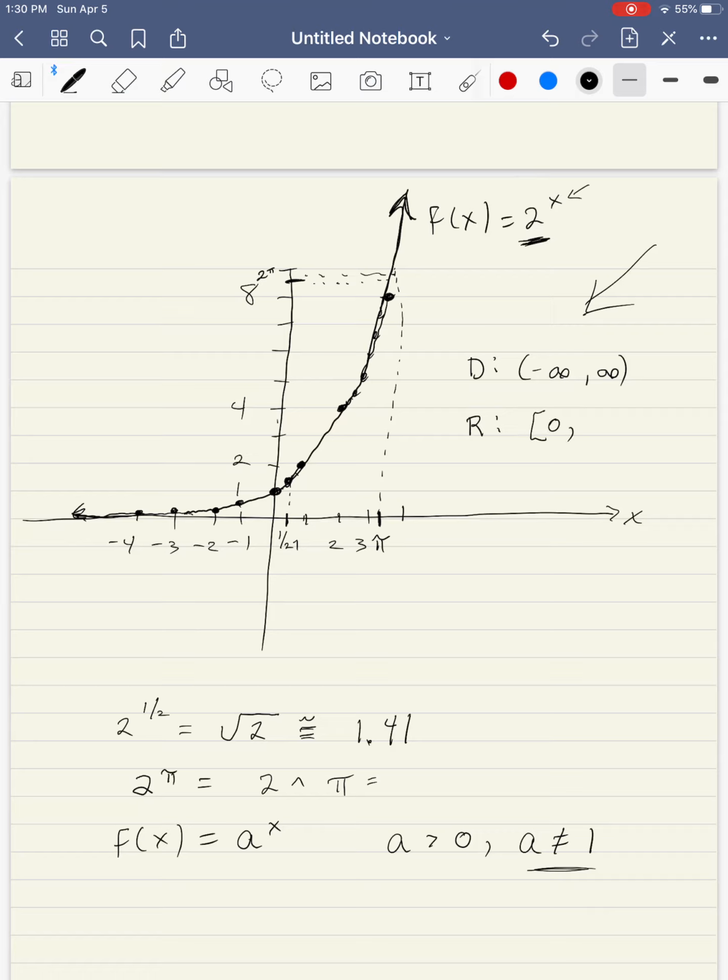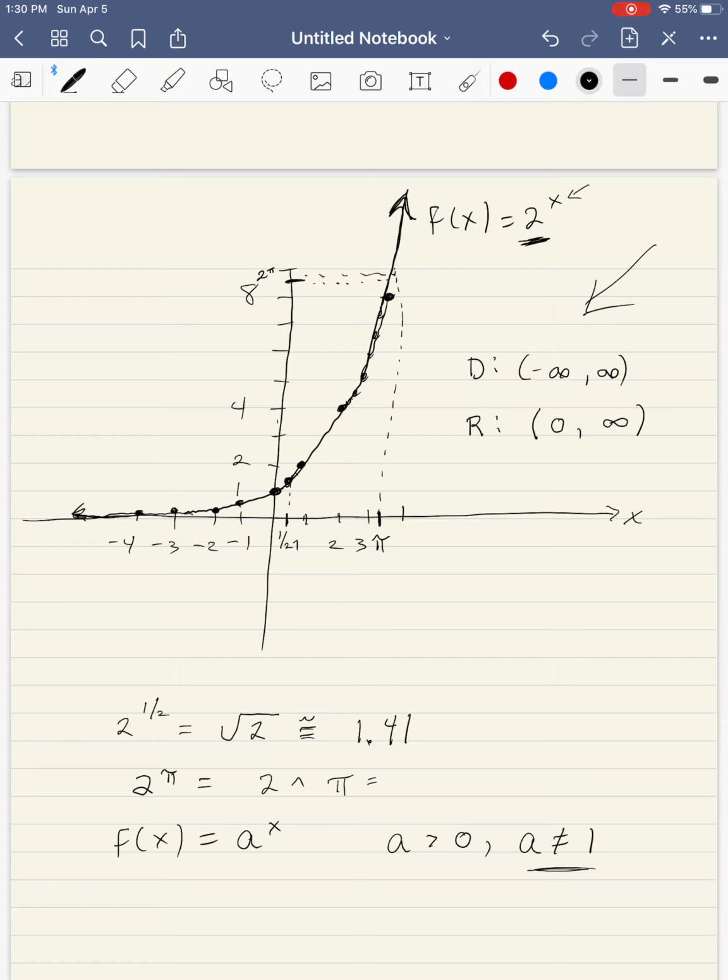But I'm not ever actually crossing that axis, and I'm not reaching that axis. So that means that y has to be greater than 0, getting infinitely close to 0, and going to infinity.